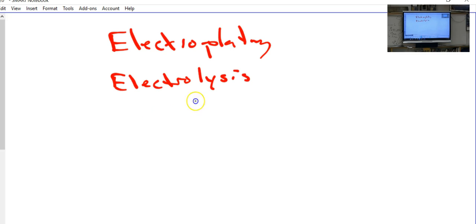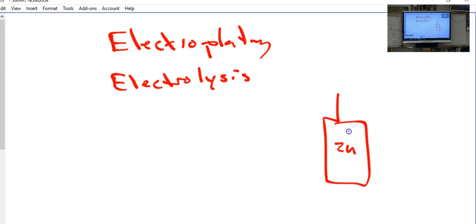These are similar things. In electroplating, we use electricity to plate something, like we make a knife out of zinc. I know this doesn't look like a knife, but we want it to be called silver, so we plate it with silver on the outside. That's nice because silver looks good and silver does not oxidize very fast, so it stays really shiny.